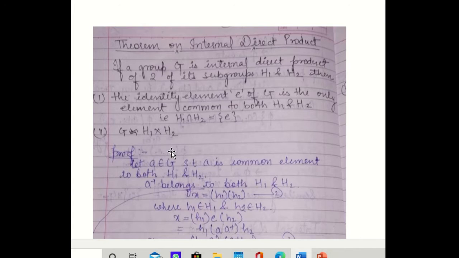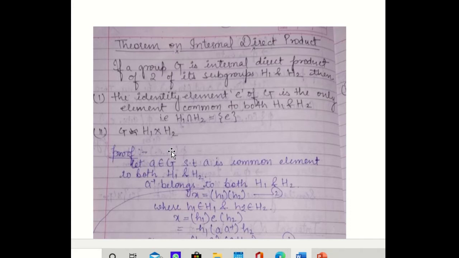But in the case of an internal direct product, we ask: can we find a direct product within a group G? So we find some subgroups in that group and form the direct product such that the direct product is equal to the group. And that is why it is called internal direct product.